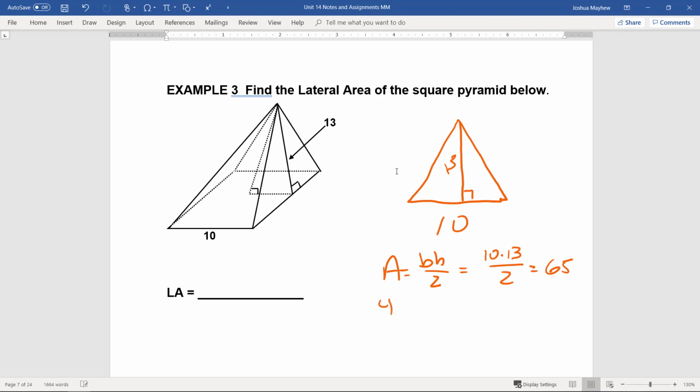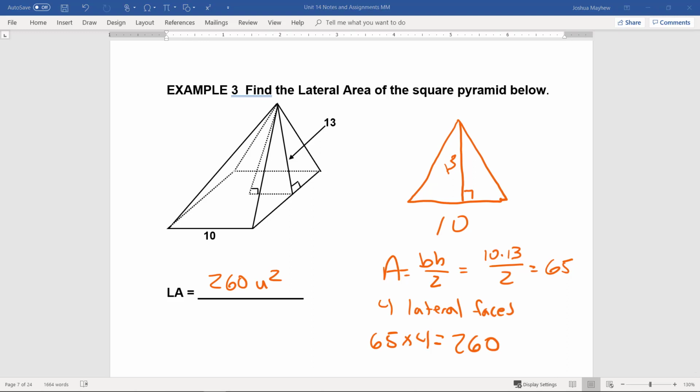There are 4 lateral faces, so 65 times 4, which is 260, gives us the lateral surface area of the pyramid, which is 260 square units.